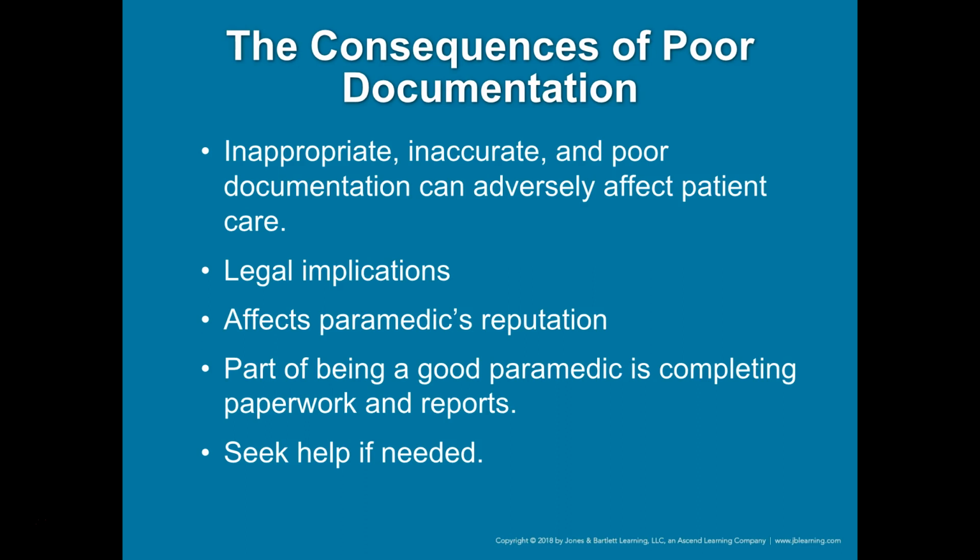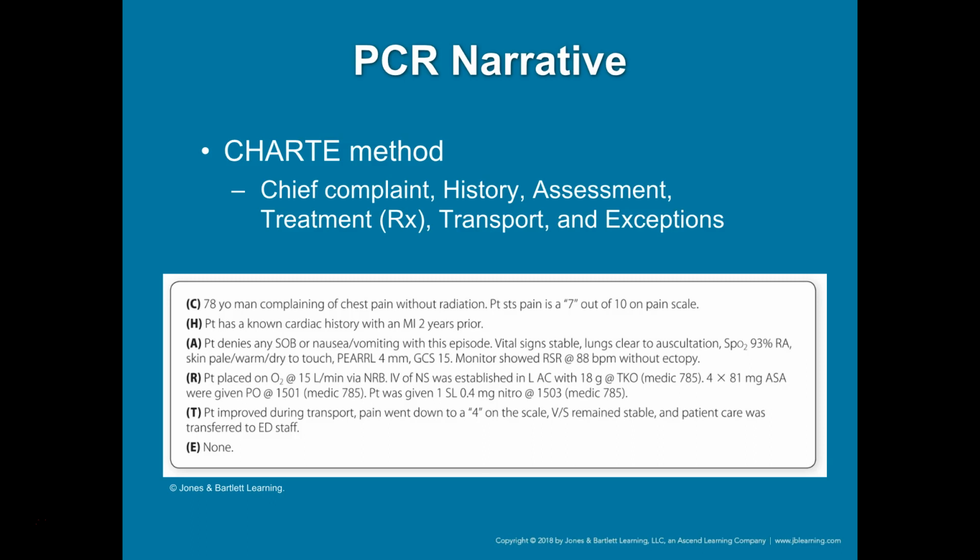Also, whenever you're doing your reports, be sure to put in pertinent negatives on those patients. Patient denied having chest pain. Patient denied having shortness of breath. Those are really good liability type things, because if you never mention shortness of breath in your report, it could possibly come back that, well, he said he was short of breath.